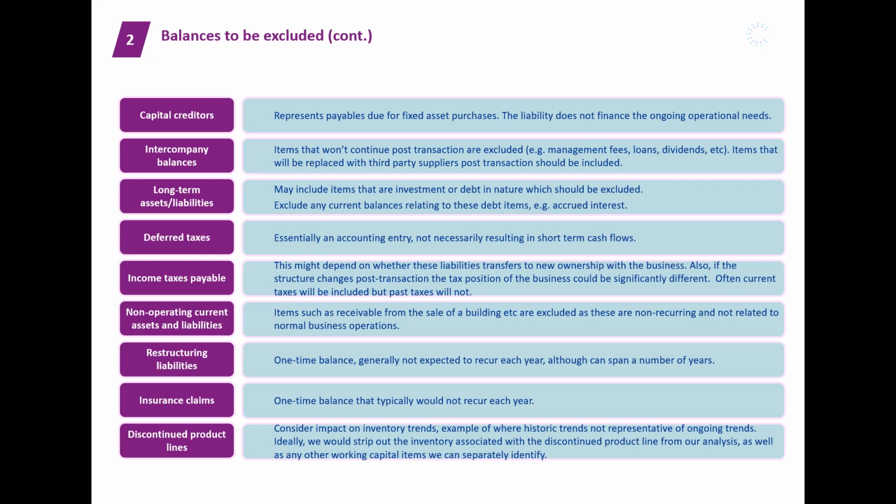Income taxes payable is another interesting one, and again, depending on how the negotiation goes, it might go as a working capital item, it might not. So this might depend on whether these liabilities transfer to the new ownership of the business. If there's a large unpaid income tax liability, you could actually include this as net debt.